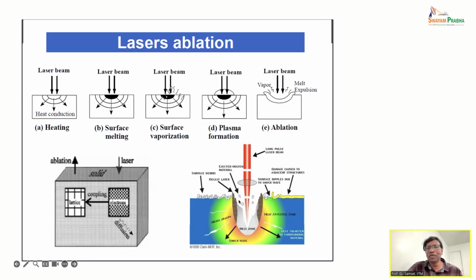And also we find that some of the molten metal which has exploded splashes, and sometimes it adheres to the surface itself, and that is called the recast layer. The recast layer is melted, and it will not have the same strength as the parent material. So we don't want that layer to be there.